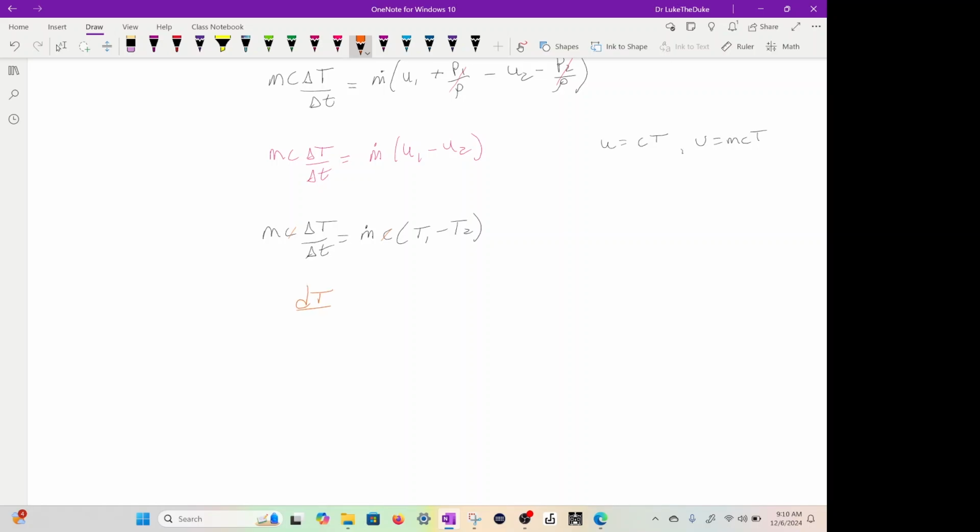I'll rewrite it like this: m dot over m, T1 minus T2. So we have now developed what they call a differential equation that relates temperature as a function of time. It has mass flow rate, the mass of the tank, the temperature of the tank, and the water coming in.